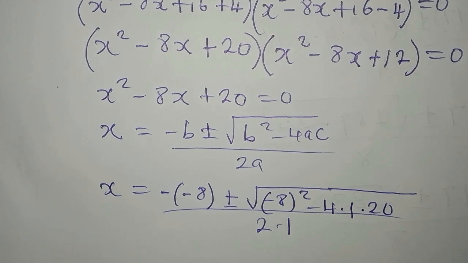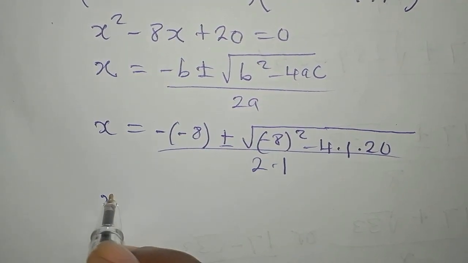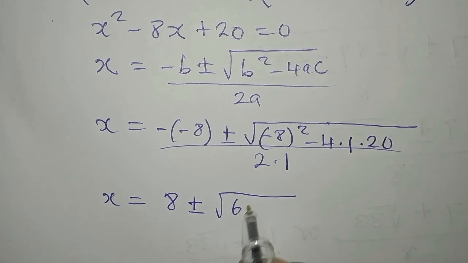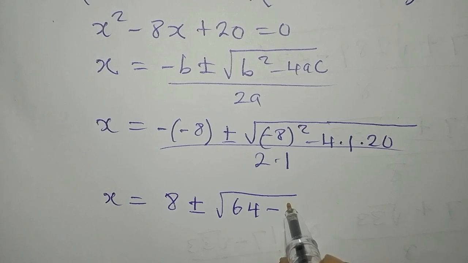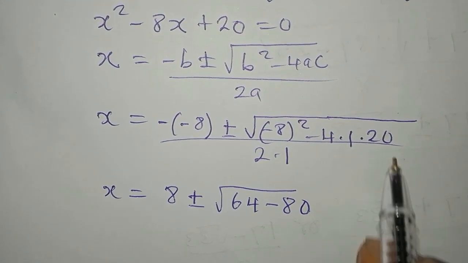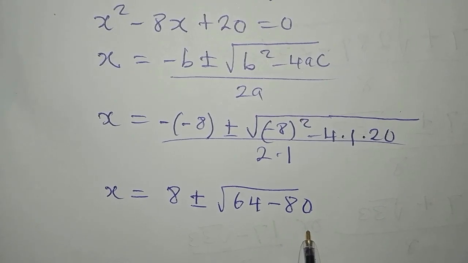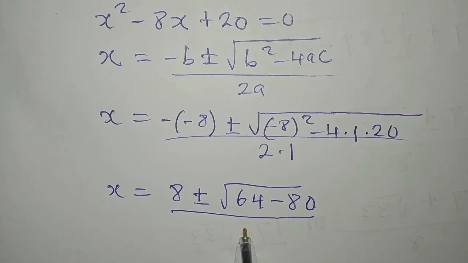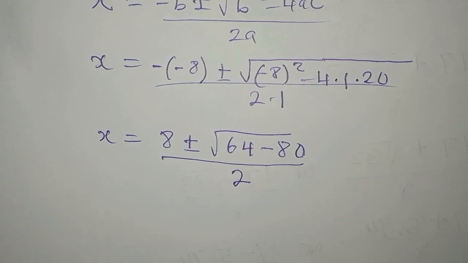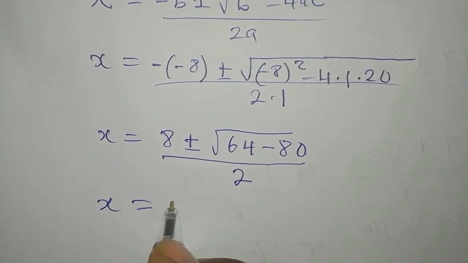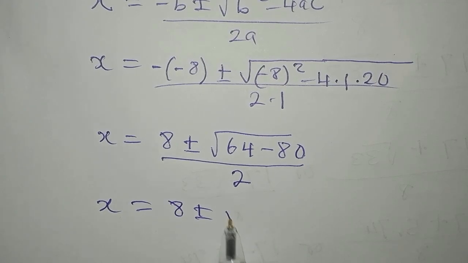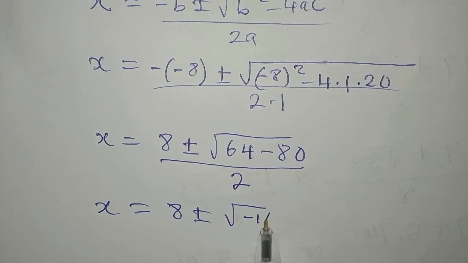Then to continue, we have x equal to 8 plus or minus the square root of 64 minus 80. How did we get the 80? 4 times 1 times 20 will give 80. And then we divide this by 2 because 2 times 1 is 2. 64 minus 80 will give us the square root of negative 16.